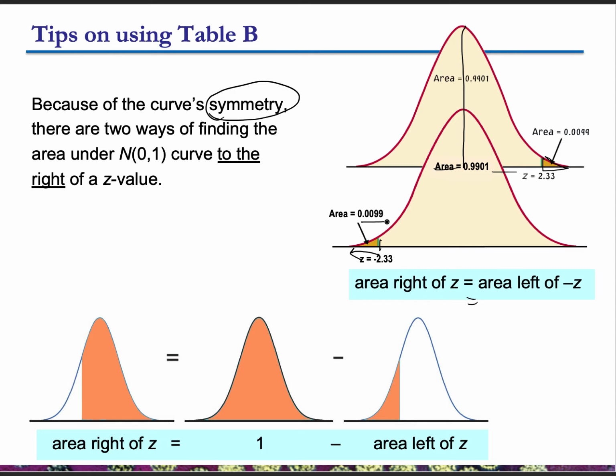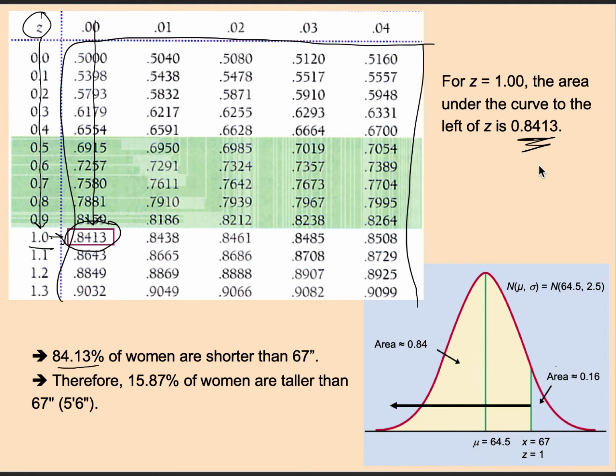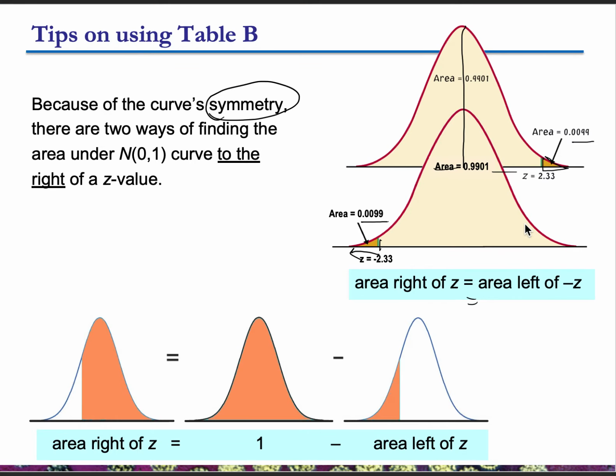So 0.0099 and 0.0099. Even if the z's are different, these are symmetrical, they have the same magnitude, but just on the other side, they have the same area. And you can cross-check that by looking at this table and looking for the z-score, in this case, 2.33.